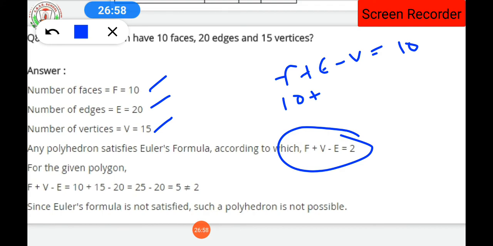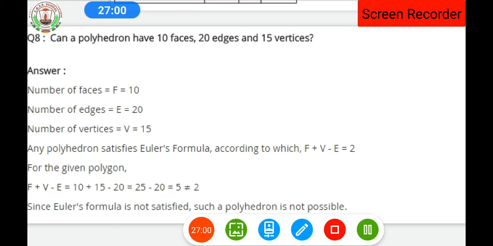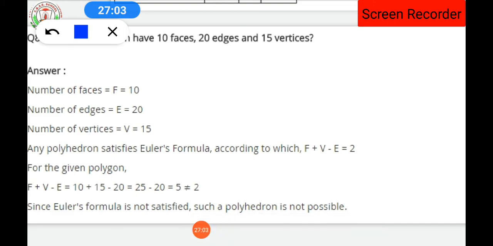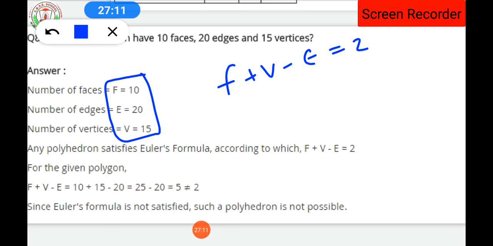I had written the Euler formula wrongly, there was a mistake. So what is the Euler formula? F plus V minus E is equal to 2. So the number of faces, edges and vertices is given. Face is 10, vertex is 15 and edge is 20.